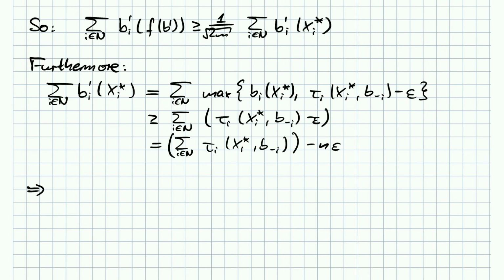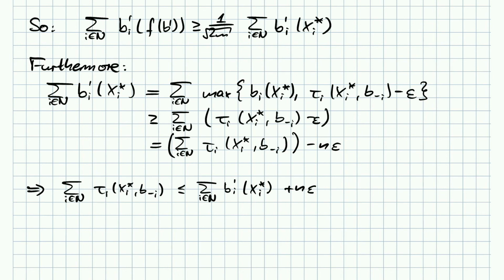We now have that the sum of all these critical bids is at most this sum of these b_i prime of x_i star plus n times epsilon.